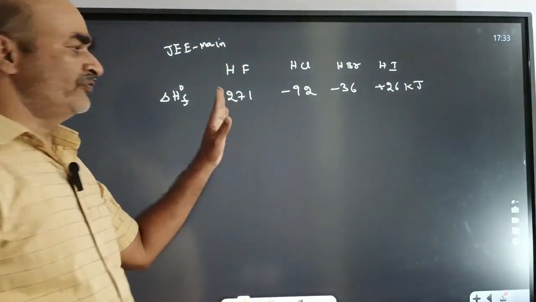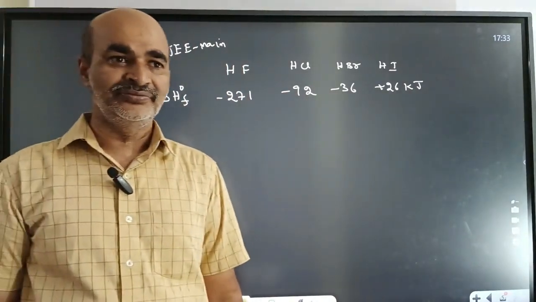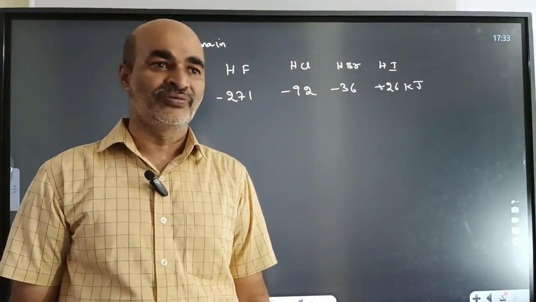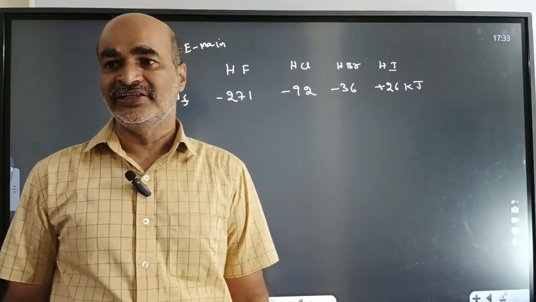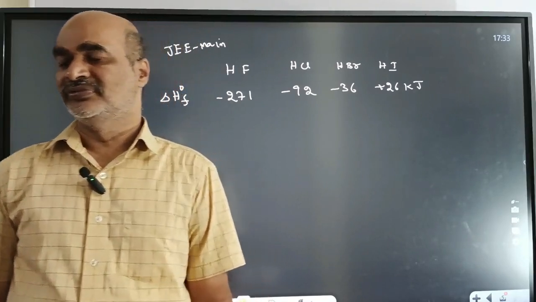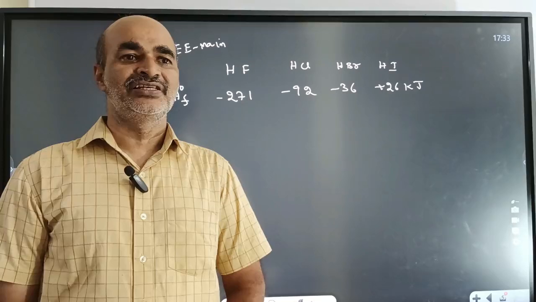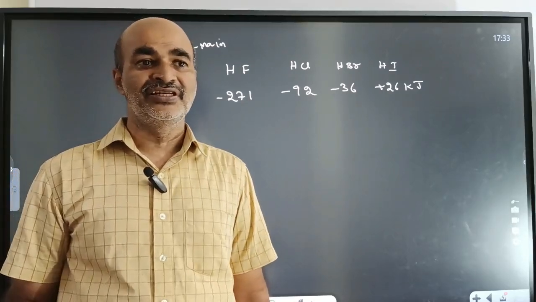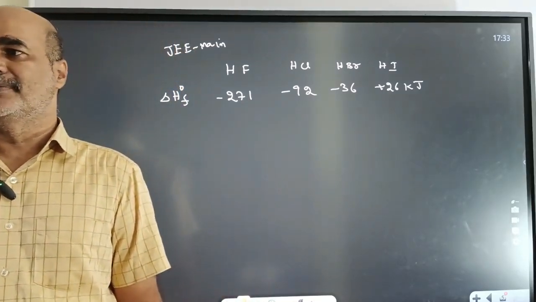So hydrogen fluoride, HCl and HBr are exothermic compounds, while HI is an endothermic compound, since during formation of HI, heat is absorbed.